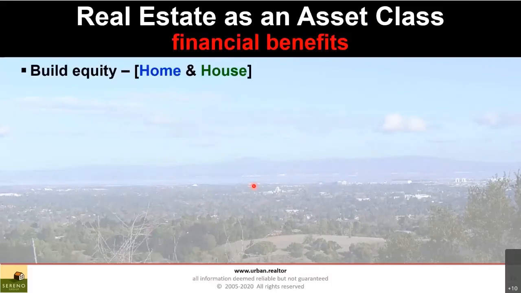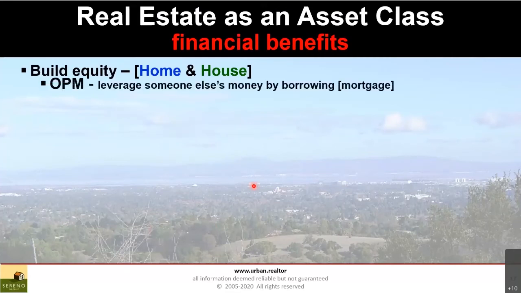So now I want to talk about the financial, tangible benefits of homeownership. We're going to be talking about both a home and a house. A home, where your family lives, is in blue, and a house, which is an investment property, is in green.